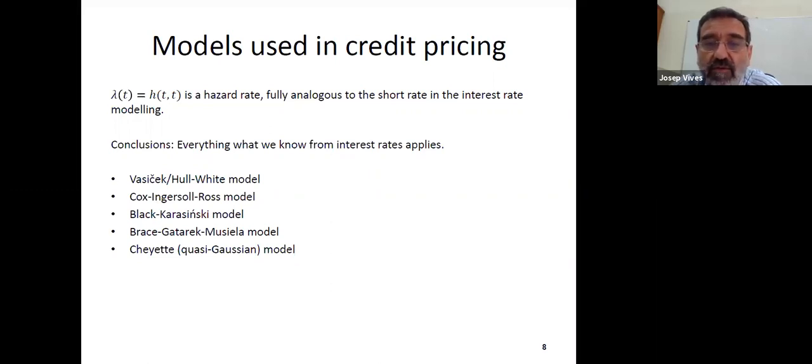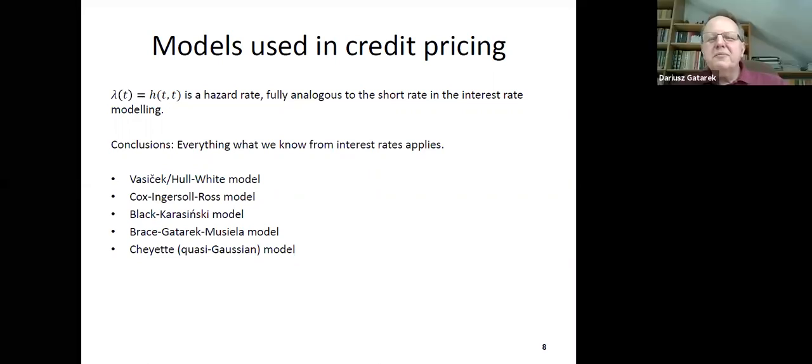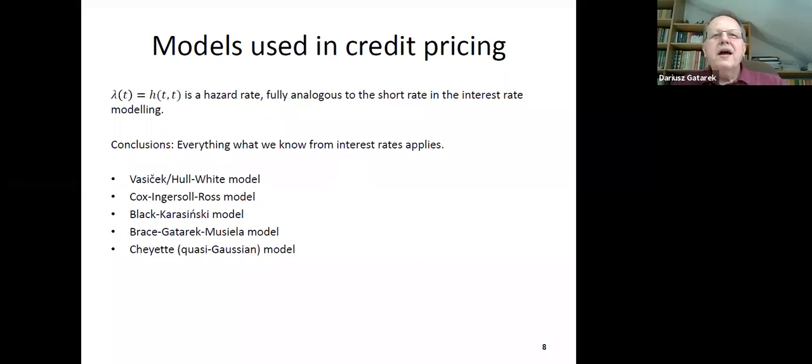If default can occur, can we still take zero coupon as numeraire in forward measure? That is, in fact, a question. Yes. So the answer is simple yes. You, of course, take zero coupon as numeraire.